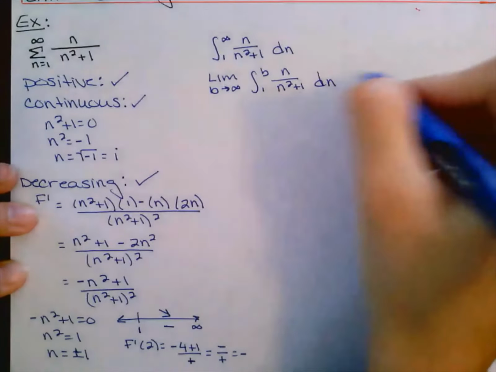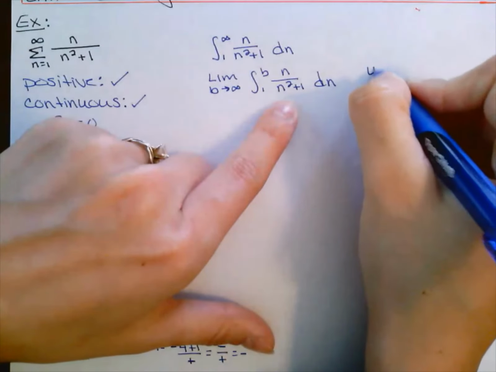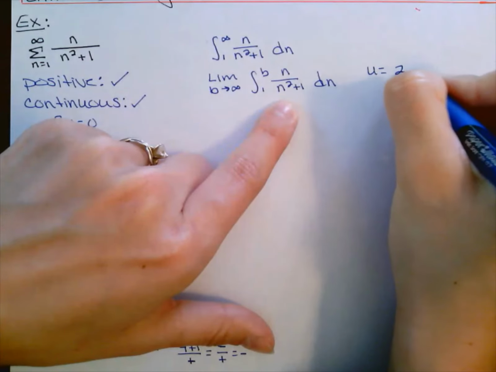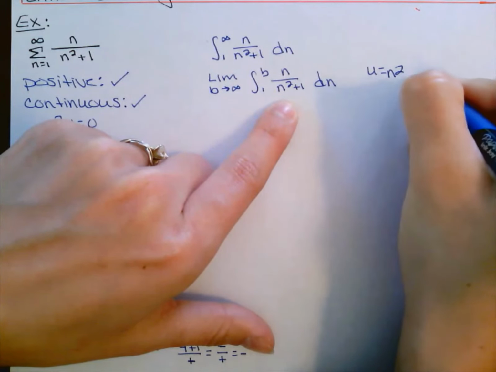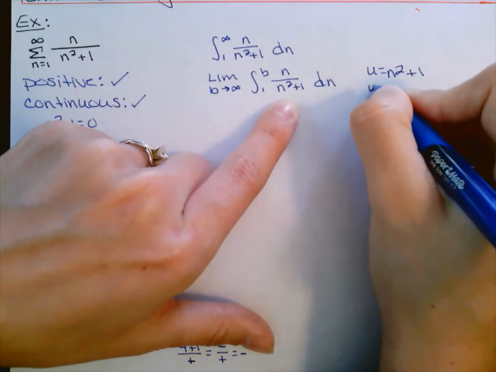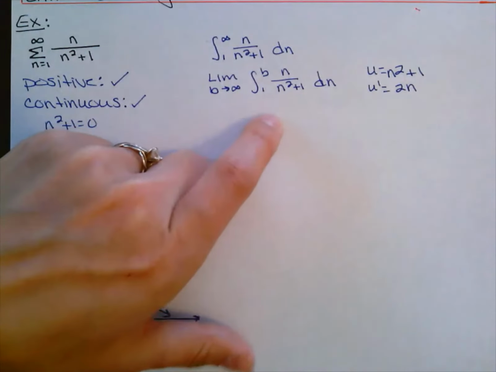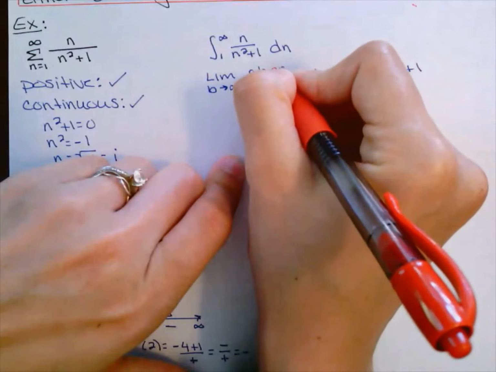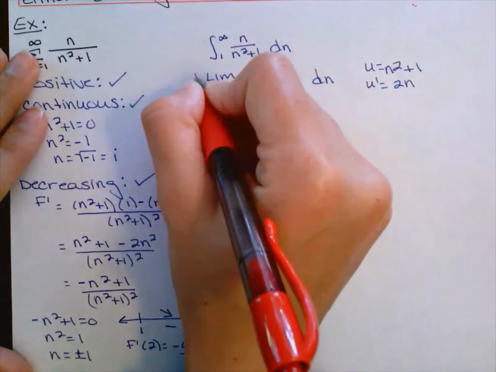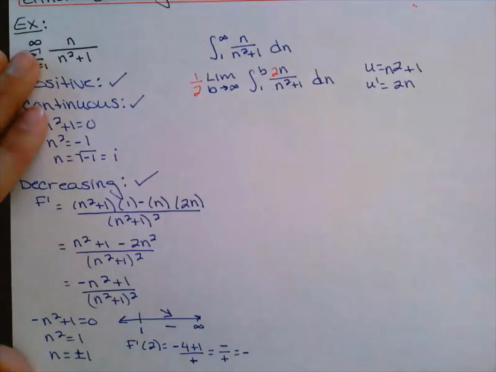So now here I am hopefully catching again this u-sub. If u is going to be n squared plus 1, then my u prime is going to be 2n, which means I'm missing a 2 here. So I want to put that 1/2 up front, and you can put it all the way up front.